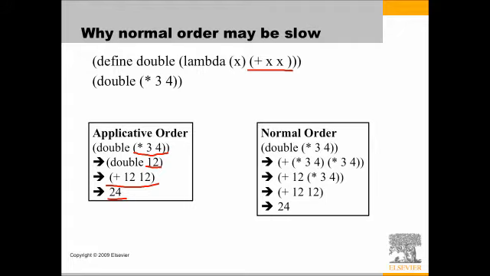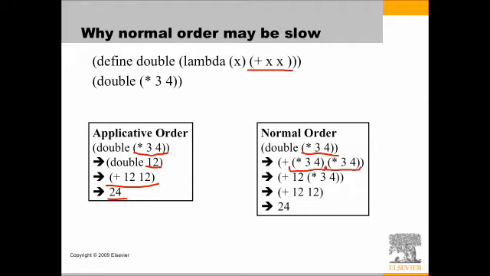Let's now look at normal order. Again, we start with times 3, 4, but because we don't evaluate an argument till we actually need it, it is substituted twice down here for x. It's kind of almost like x is a macro. It's being expanded in place.